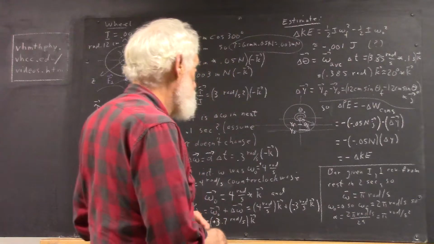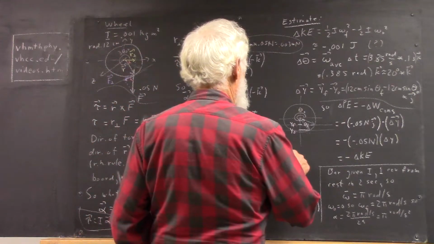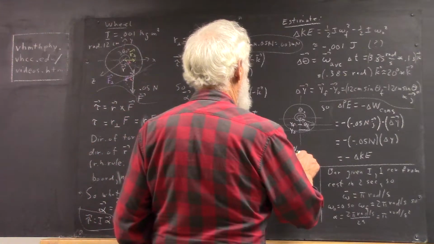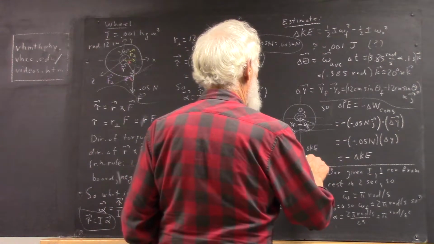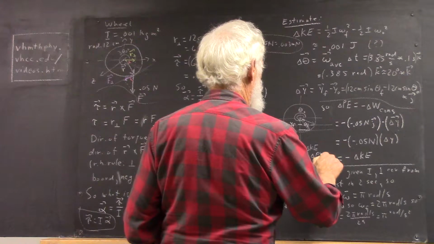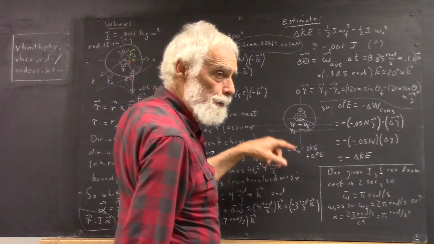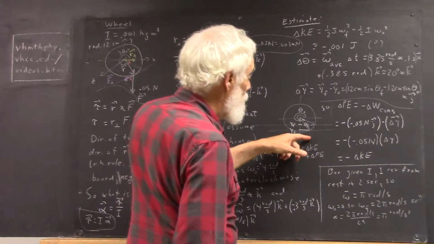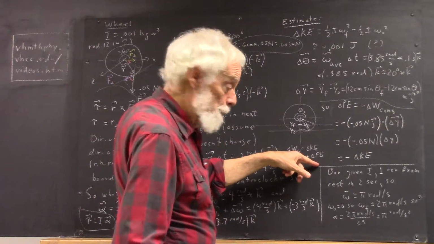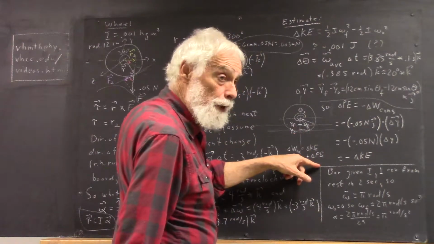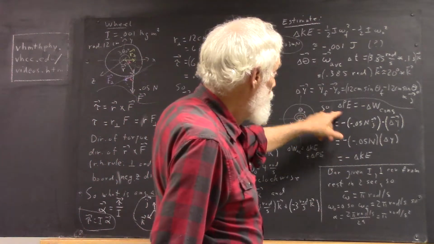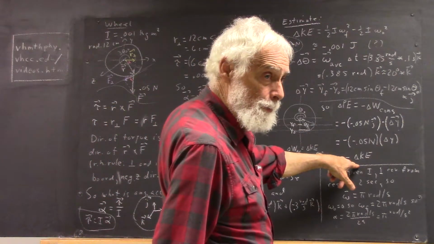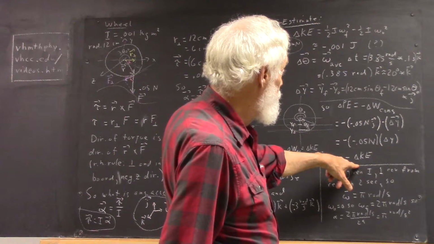The work energy theorem says that the work done by non-conservative forces equals the change in kinetic energy plus the change in potential energy. So if the work done by non-conservative forces is 0, this plus this is 0, which means that these two are equal and opposite. One is the negative of the other.